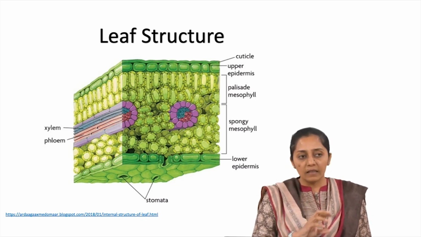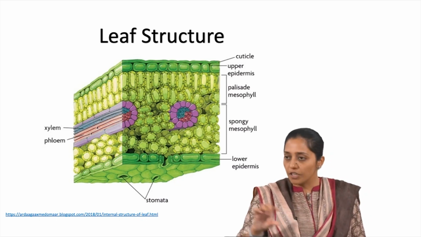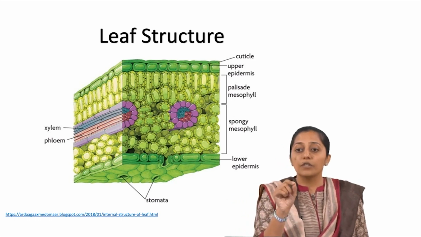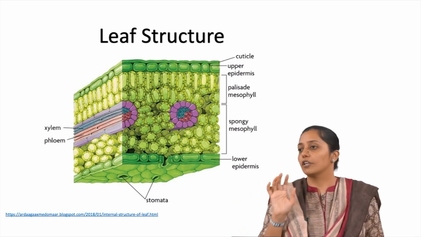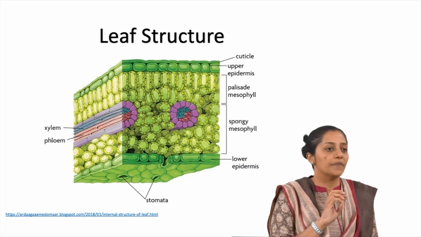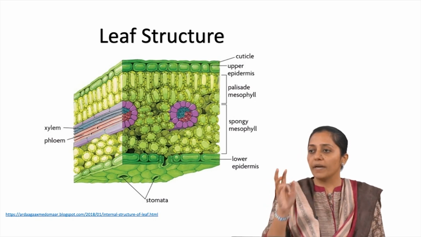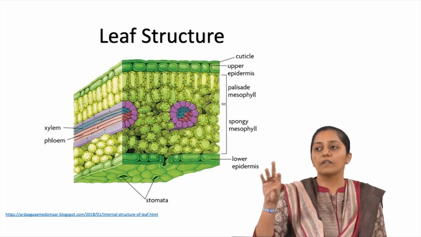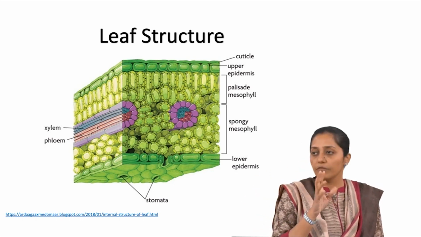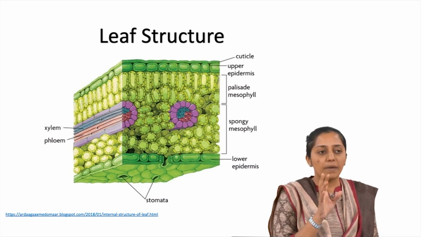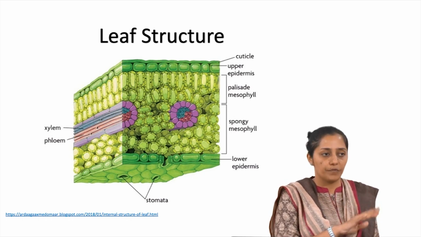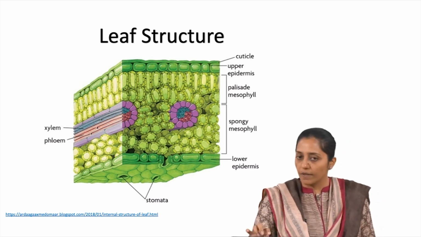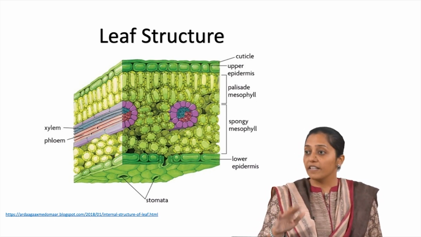Now, in the spongy mesophyll, there is an area where you see the veins. These veins are made up of your vascular tissue, the xylem and the phloem. Near the xylem and the phloem, the adjacent region of cells is called the bundle sheath cells. These are again modified parenchyma cells. These bundle sheath cells are the site for dark reactions, where the carbohydrates get formed.